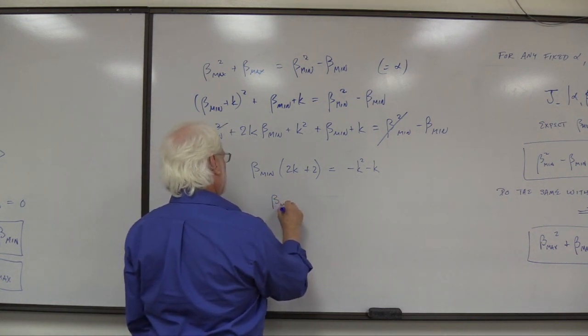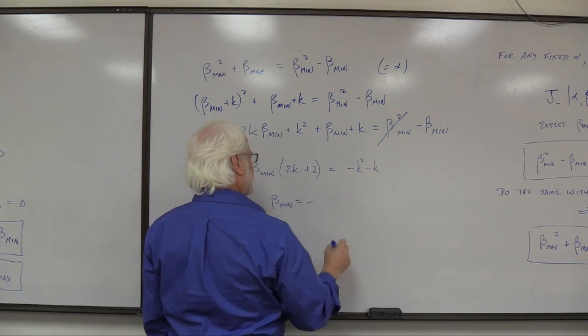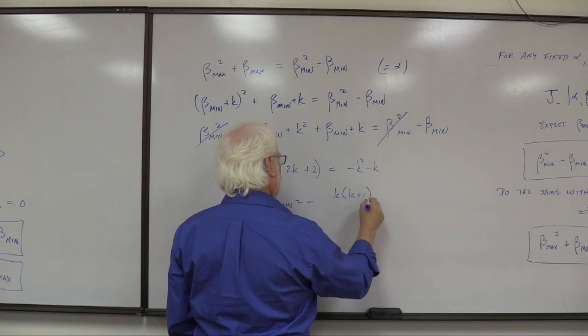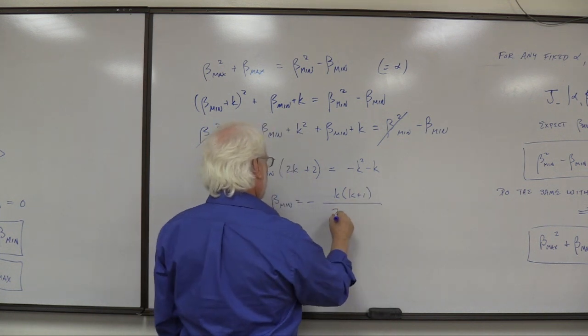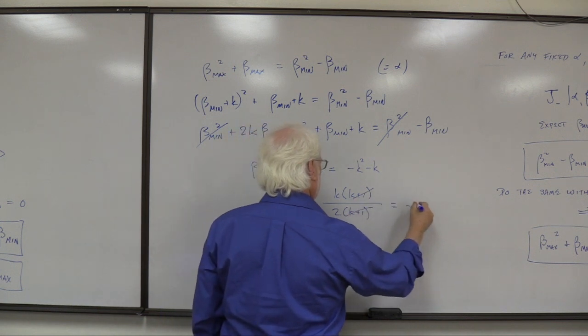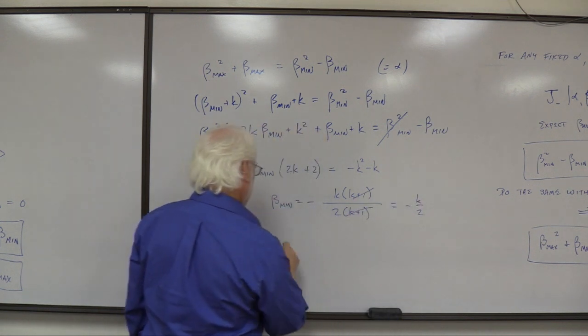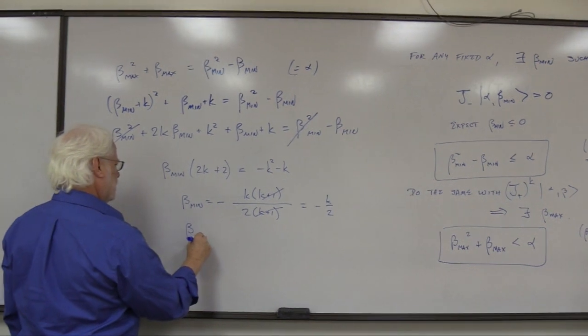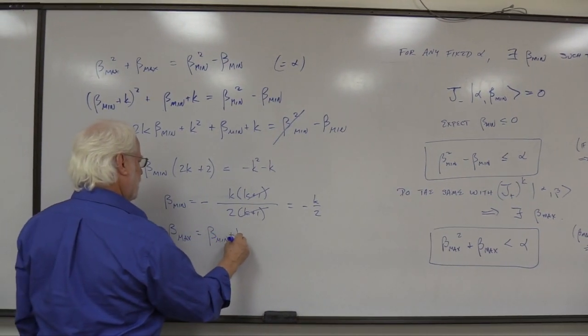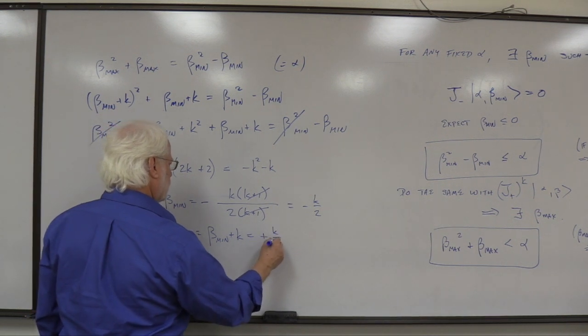So beta min is minus k times k plus 1, divided by twice k plus 1, which is minus k over 2. And immediately beta max equals beta min plus k, which is plus k over 2.